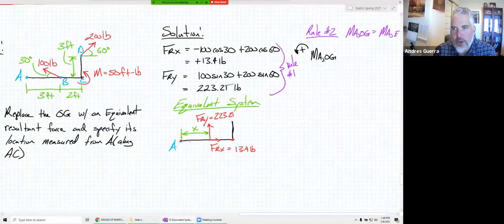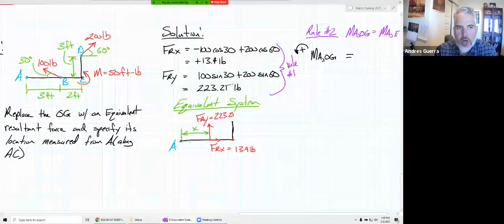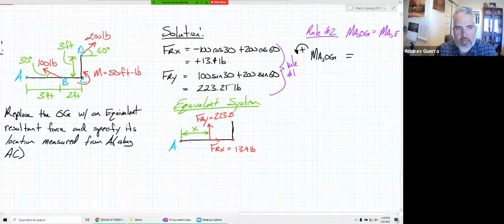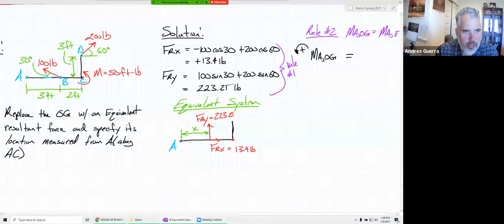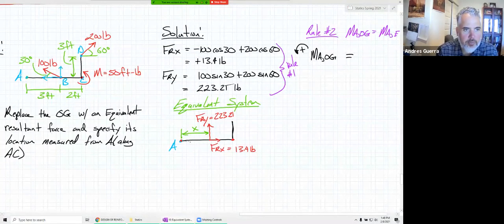So isn't this moment about A in the original, we're going to have our 100, the X component will not cause a moment, but the Y component will, right? So we have our X component that would go right through point A. That's not going to cause a moment. Our Y component will cause a moment. The 200 pounds, the X component and the Y component will cause a moment.